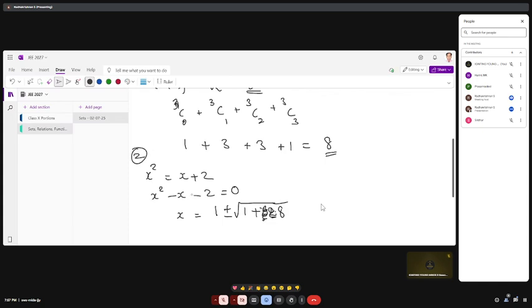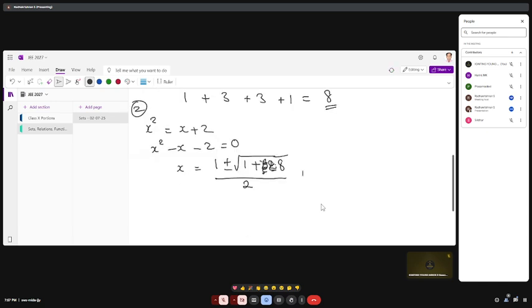So 4 into 1 into minus 2 is minus 8. Minus of minus 8, so 1 plus 8, divided by 2a, which is 2 here. So this is 1 plus 8, 9. Square root of 9 is 3.